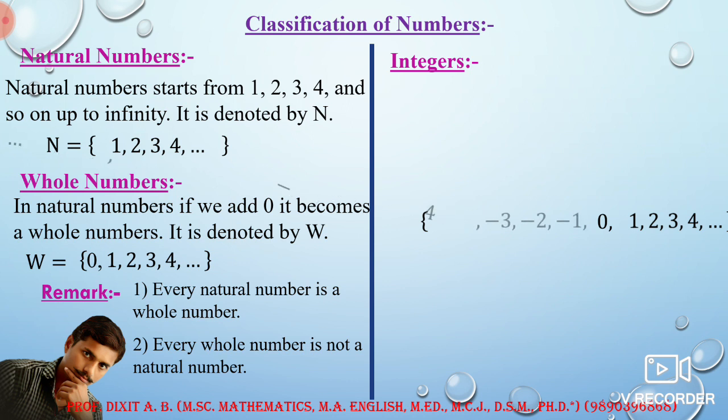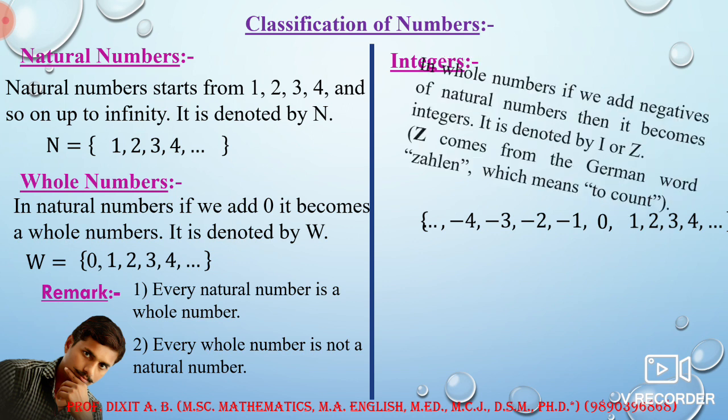So take negatives of natural numbers in this set, that is -1, -2, -3, -4 and so on up to minus infinity. So this is my new collection: minus infinity, -4, -3, -2, up to 0, then 1, 2, 3, 4 and so on up to infinity.